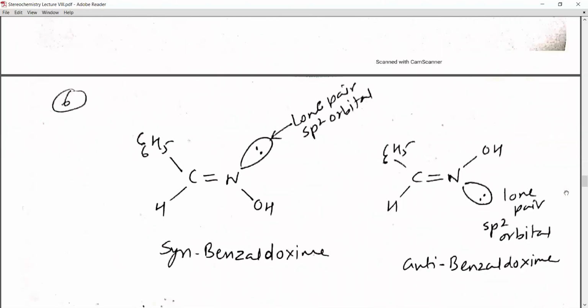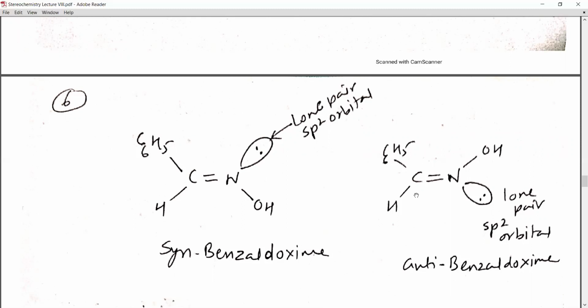Here, there is a carbon-nitrogen double bond. In this molecule, nitrogen has a lone pair of electrons in an sp2 orbital. If this hydroxy group and the lower priority group of carbon are on the same side, then the molecule will be referred to as syn-benzaldehyde oxime.